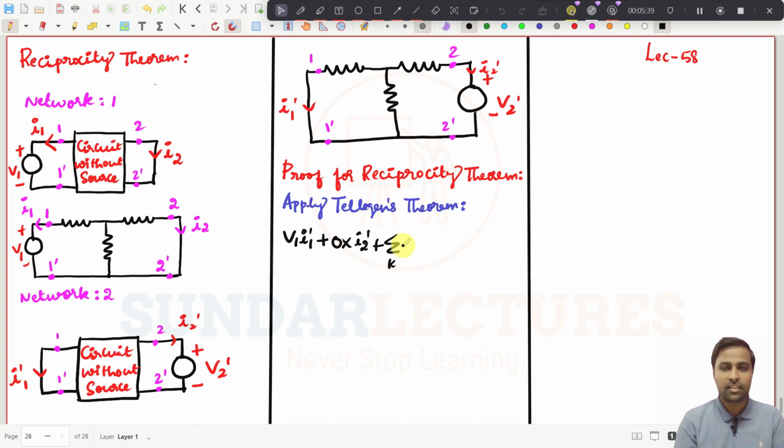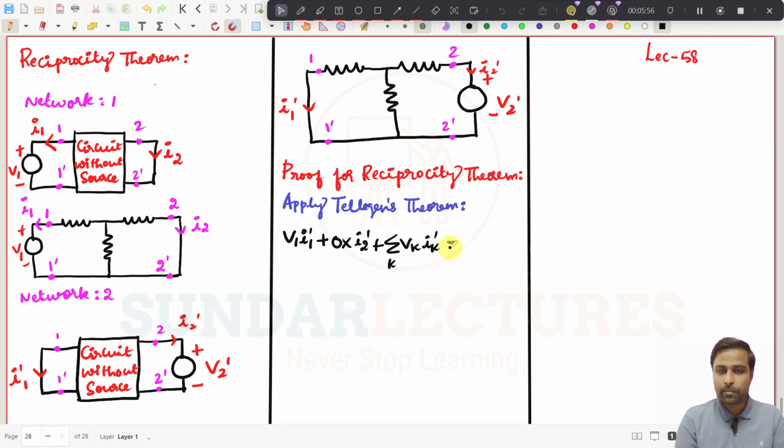So I have done this. So here voltage, that means Vk into Ik dash. I've just written like this because all the resistances are the same, right?